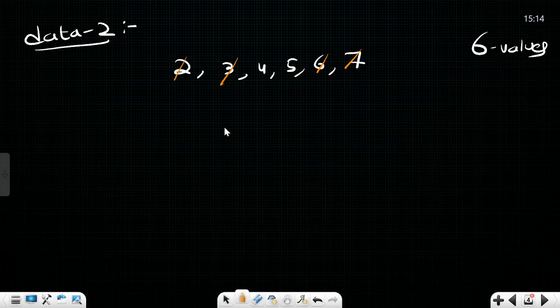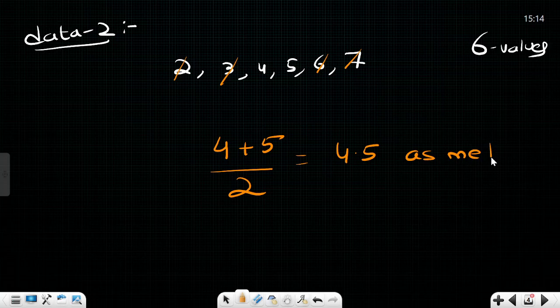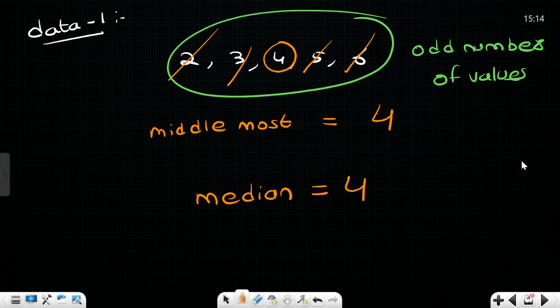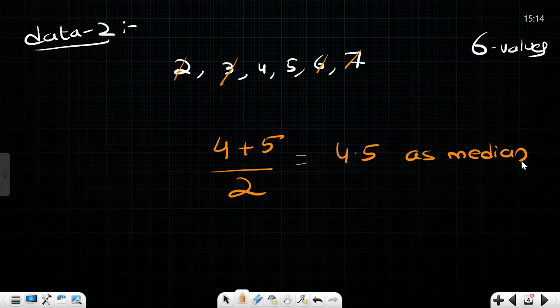That is wrong, Akshita. Instead, you should take 4 plus 5 by 2, that is 4.5 as the median. Is this clear? So from this we understood that if there are an odd number of values, the middlemost is the median, and if there are an even number of values, the average of the two middle scores will be the median. I think this is clear.